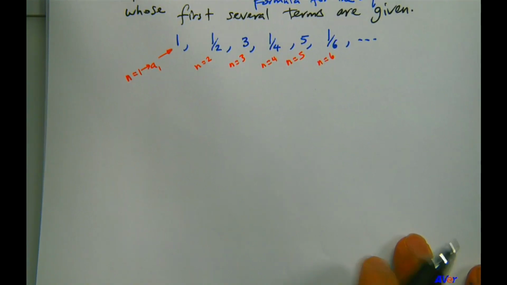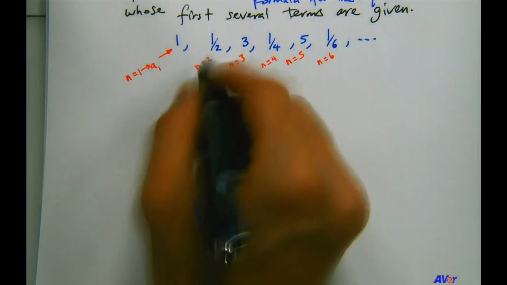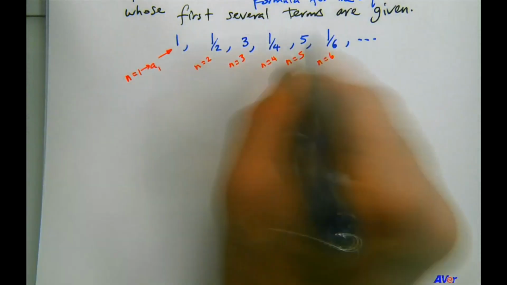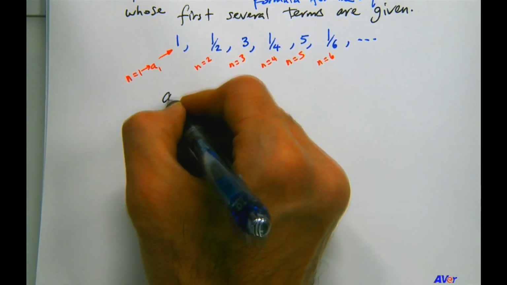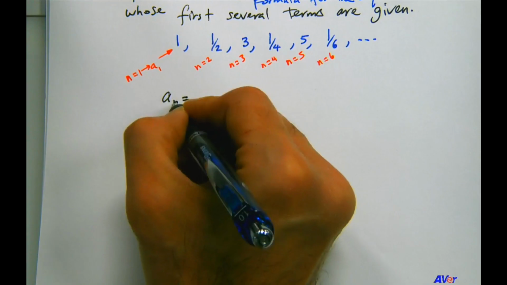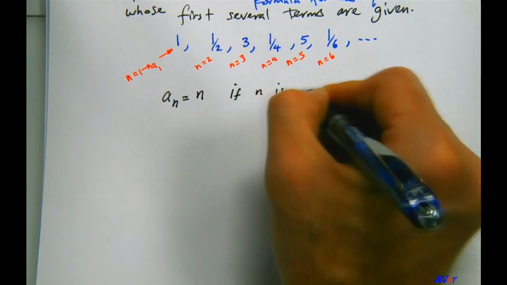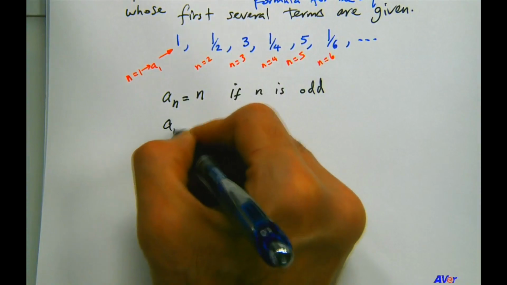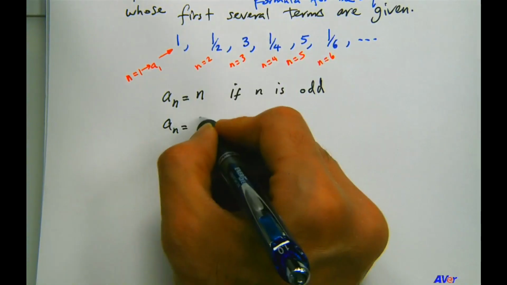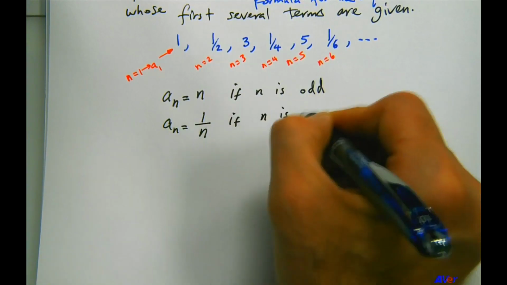So let's find other clues for finding the nth term of the sequence. Before doing that, let me capture what we've discussed. We've learned that a sub n, meaning any term in the sequence, is equal to n if n is odd, and a sub n is equal to 1 over n if n is even.